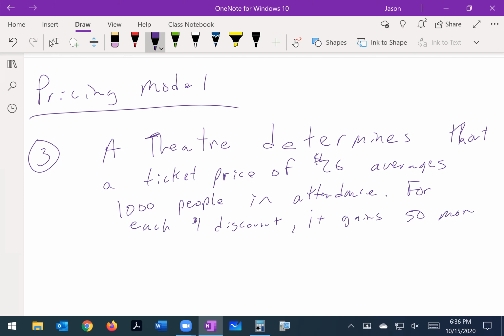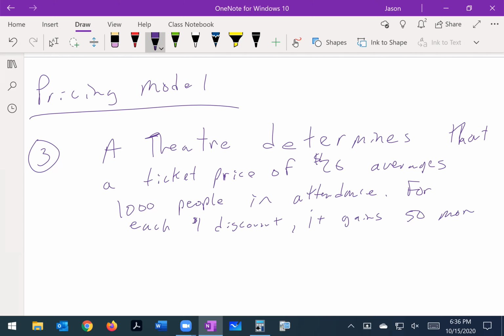Okay, what about the number of units? Well, how many units are going to be sold? Well, how many tickets? I'll just say tickets. Okay, number of tickets sold. Well, if N is 0, then we're at 1,000 tickets sold.